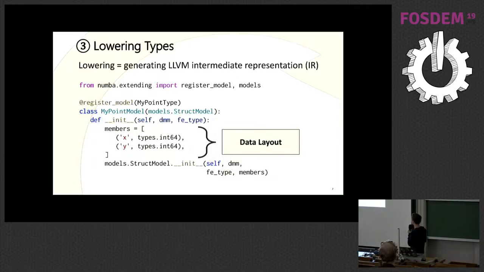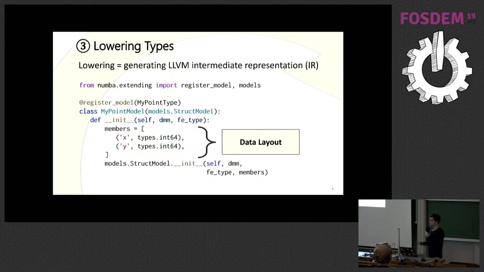We have a myPoint type, so we're going to register a model to a certain type. In this case, for our point, we want to use a C struct-like model with an X and Y attribute, of which we here assume that it's an integer. And that's basically the data layout of your point.